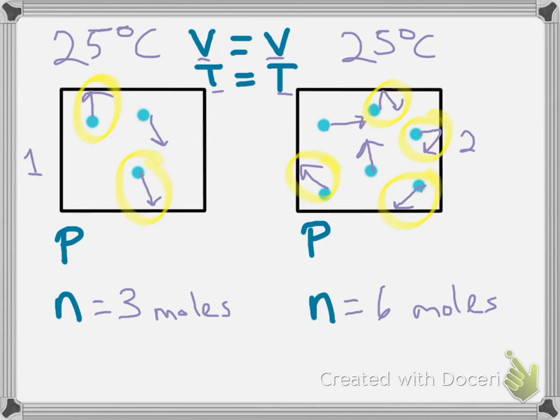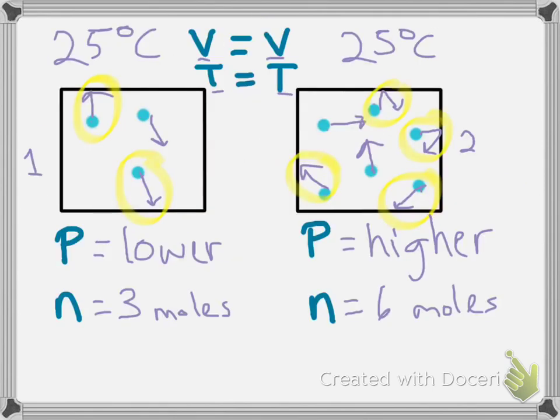And again, these are constantly moving around, so different amounts will collide. But because we have more moles in box 2, we will always have more collisions. And when we have more collisions, we're going to have a higher pressure, so a higher pressure in box 2 and a lower pressure with fewer moles in box 1.